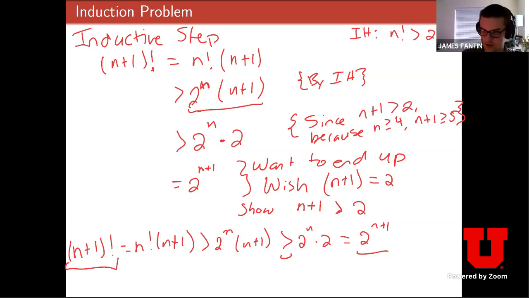So are there any questions over this part? It's a little tricky to figure out this step here, but any questions on this induction statement? And then we just write a little conclusion here while everyone's typing questions.